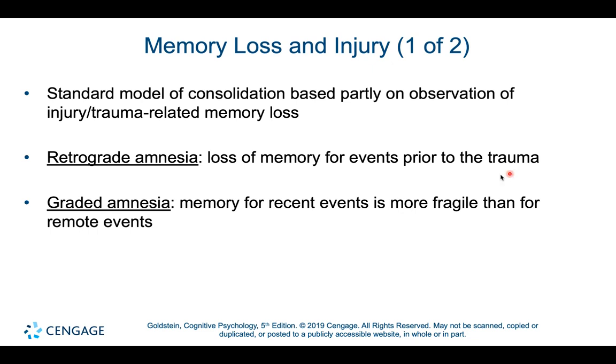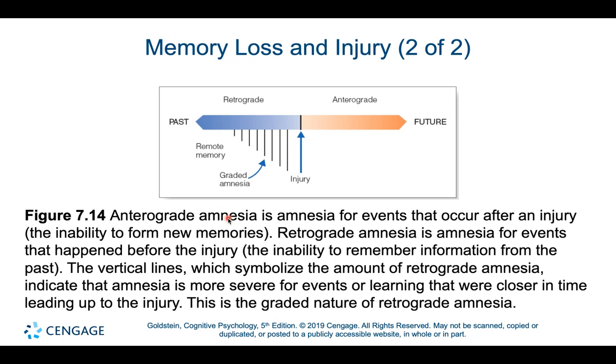And then we have this idea of graded amnesia, such that more recent events are actually more subject to retrograde amnesia than remote events. What does that mean? Okay, let's look at an example.